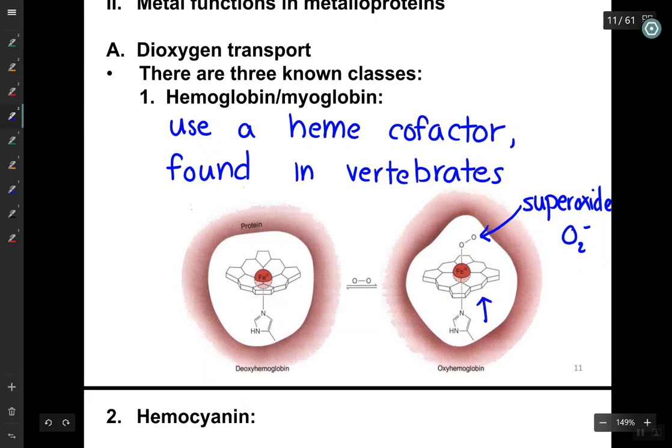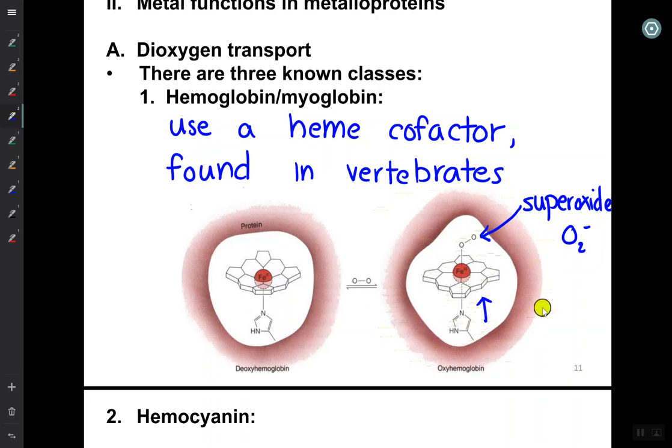So you see in this cartoon here is a very flat molecule. And there's an important consequence of that, because notice that the axial position has a histidine coordinated, right? So when the histidine moves towards the iron center, it's going to pull on the bonds that are connected to it, which leads to a conformational change in the protein. And this is what allows it to achieve cooperative binding.